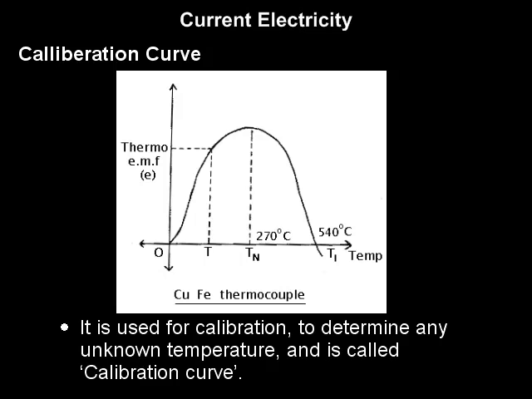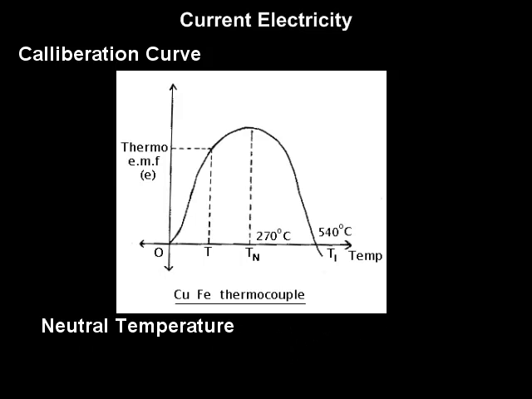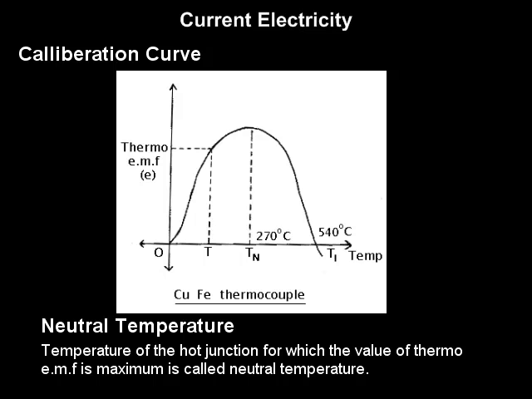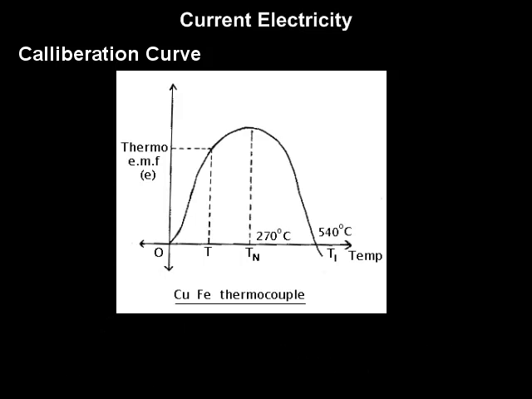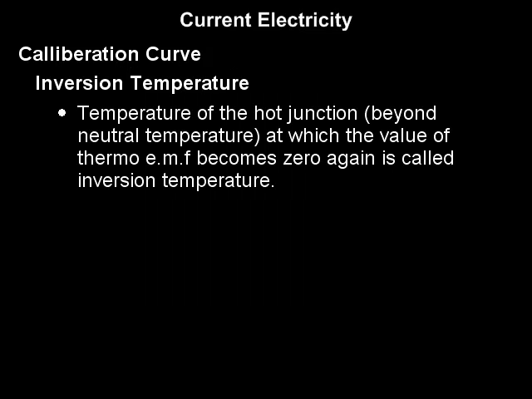From the curve we can study two more definitions. Neutral temperature: the temperature of the hot junction for which the value of thermo EMF is maximum is called neutral temperature. In the figure, it is 270 degrees Celsius. Inversion temperature: the temperature of the hot junction beyond the neutral temperature at which the value of thermo EMF becomes 0 again is called inversion temperature.